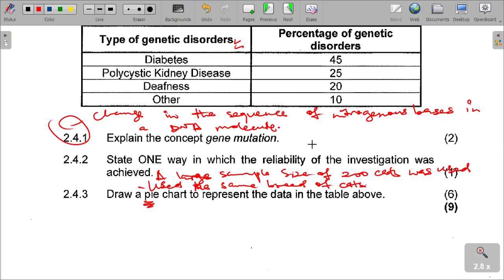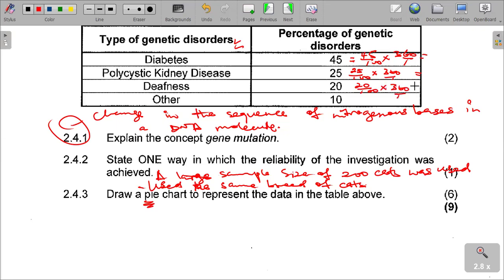So we calculate a fraction of this: 45 over 100 multiplied by 360 over 1, then 25 over 100 multiplied by 360, then 20 over 100 multiplied by 360.